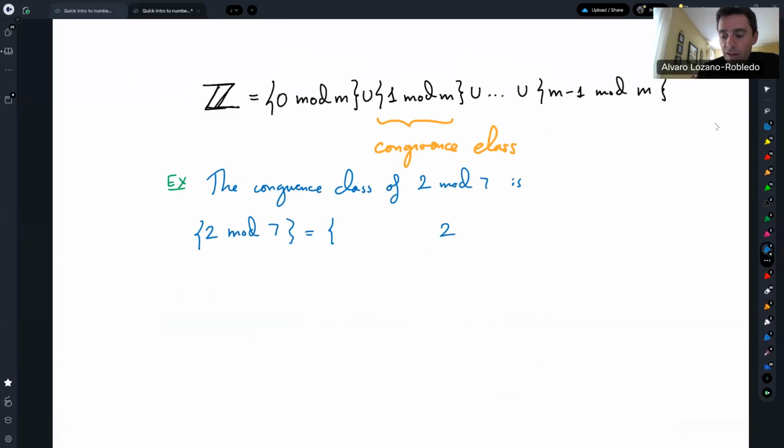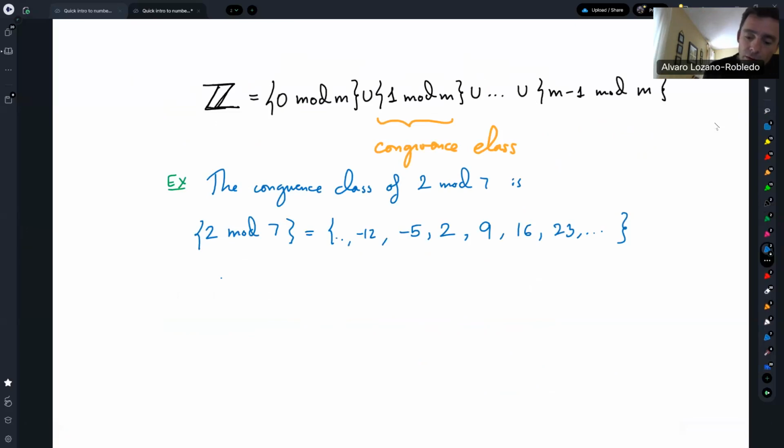So 2 is there, and if I add 7, I get another one, 9. If I add 7, 16, and if I add 7, 23, etc. Those are in that set, but also the negative integers: 2 minus 7 is minus 5, minus 12, and so on. Okay, so that is the congruence class of 2 modulo 7.